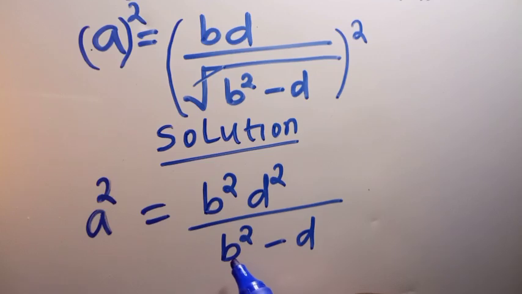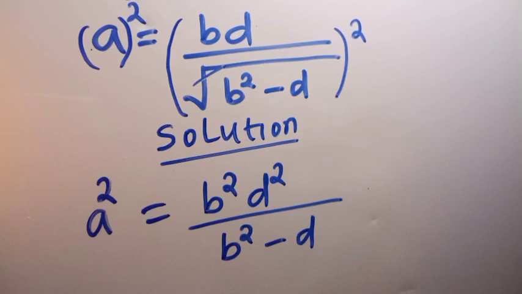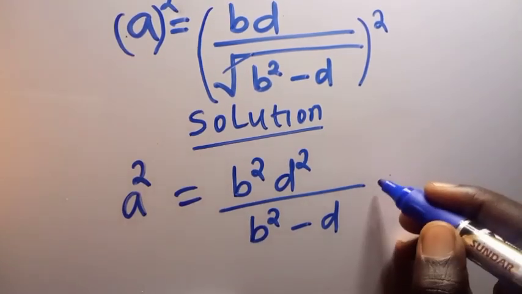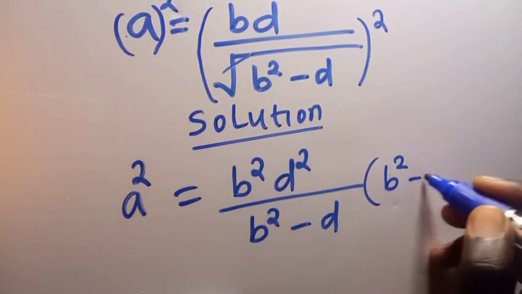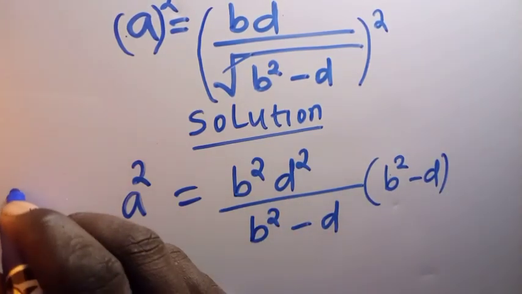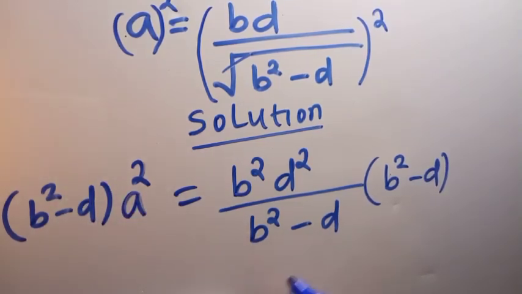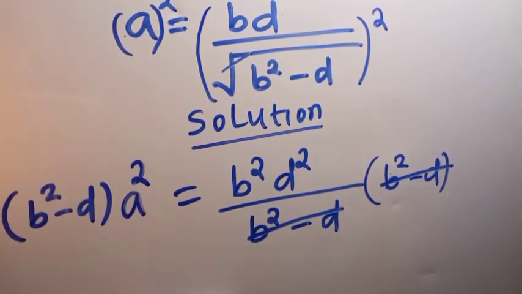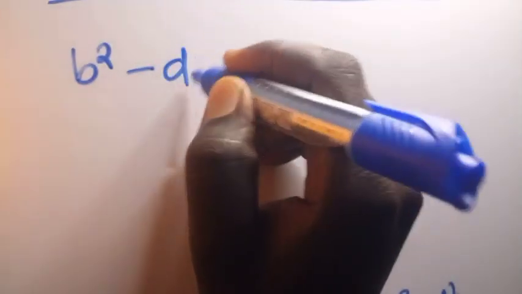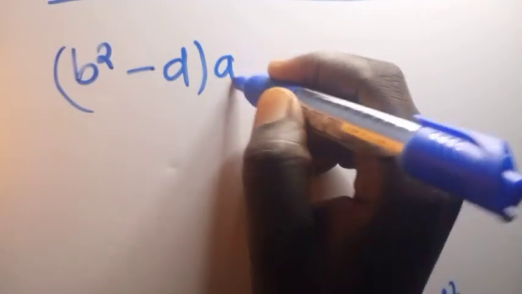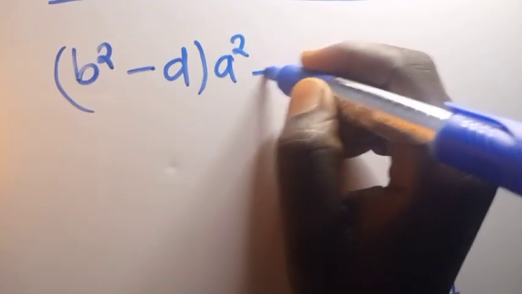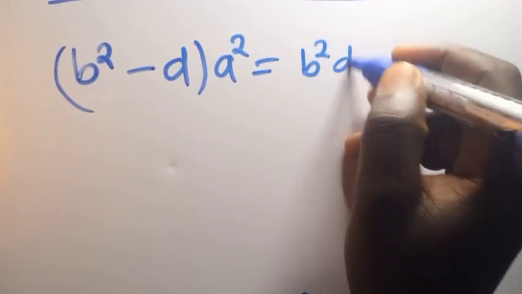Now I want us to eliminate B squared minus D in the denominator by multiplying by B squared minus D on both sides, so that this one and this one simplify, so that we have B squared minus D, then close the bracket, then A squared equals B squared D squared.